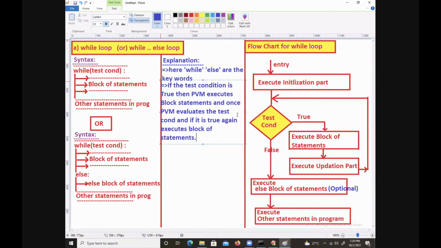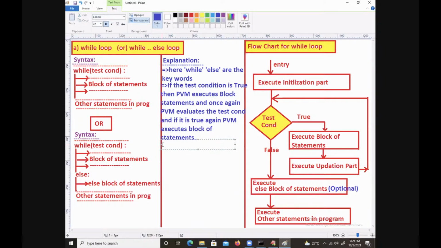And once again, PVM evaluates the test condition, and if it is true, again executes the block of statements.